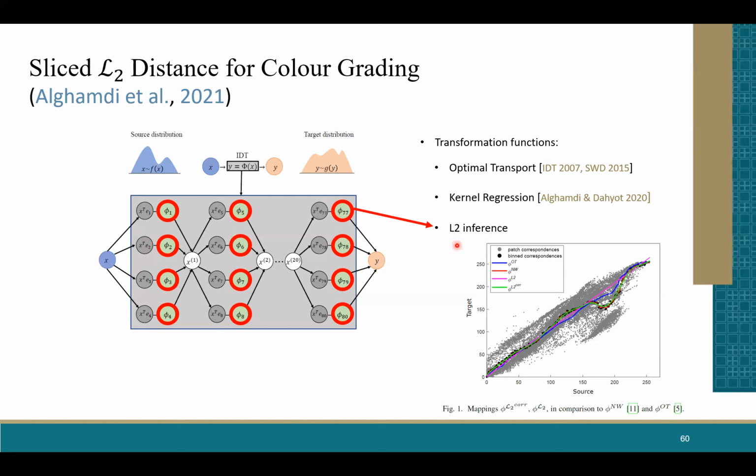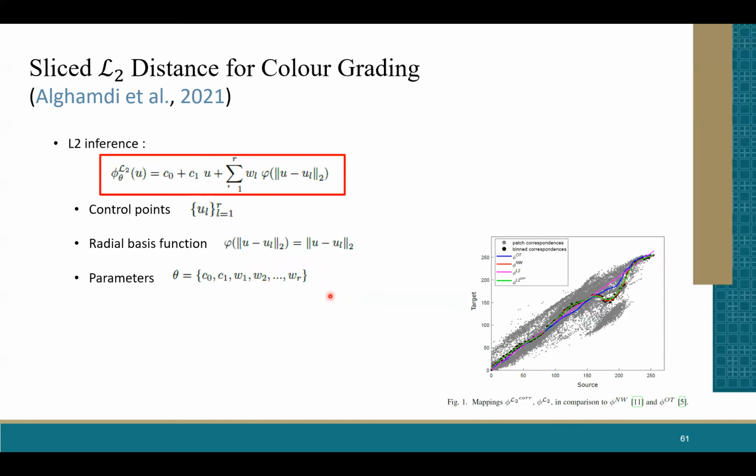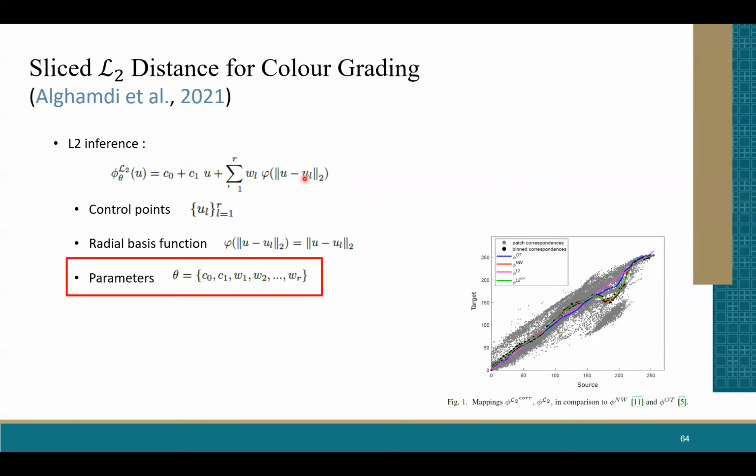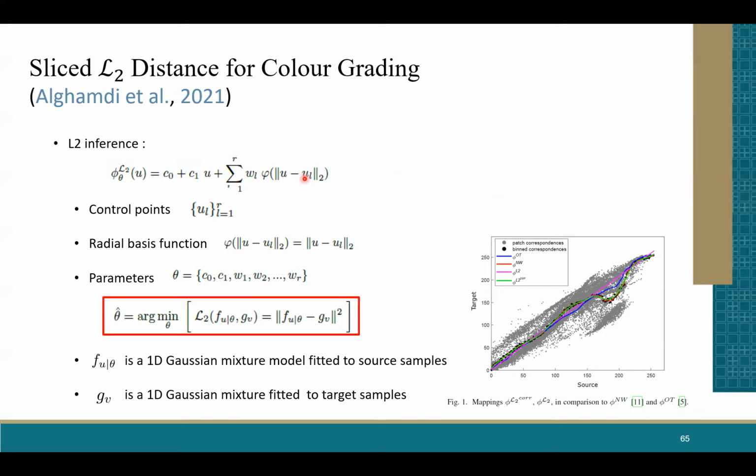We propose to replace the optimal transport altogether in the projective approach by the following parametric, non-rigid 1D transformation model, where u_l here are the control points, phi is the radial basis function, and theta are the parameters that control this transformation, which is estimated by minimizing the L2 distance between the source and the target distributions.